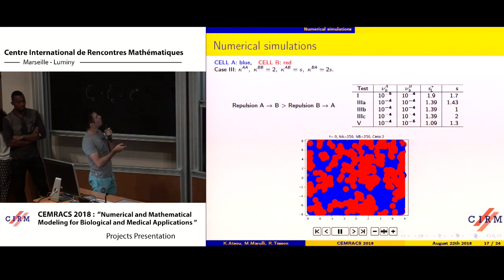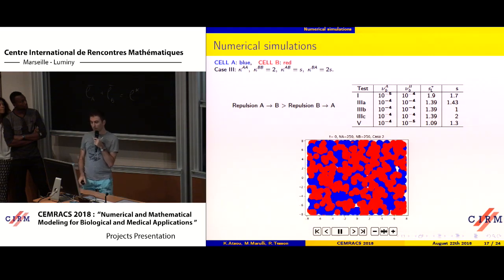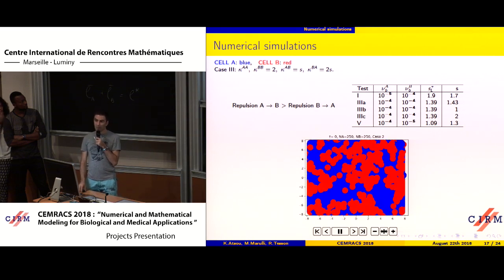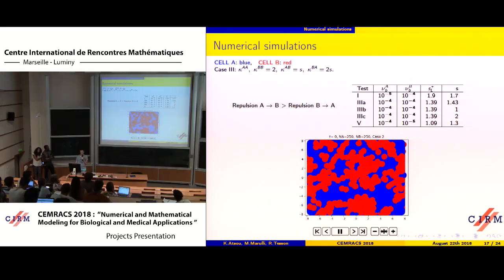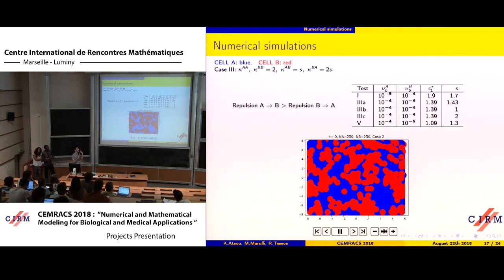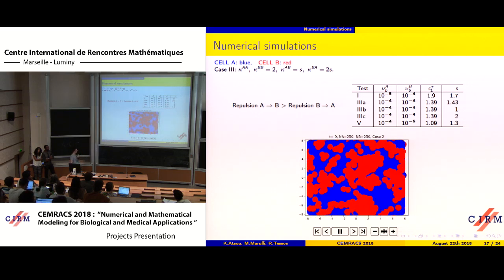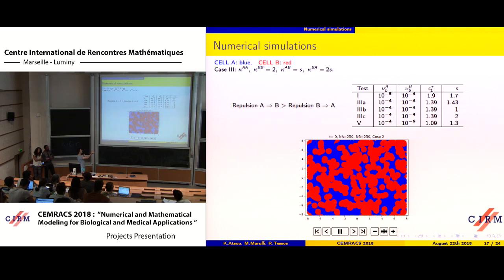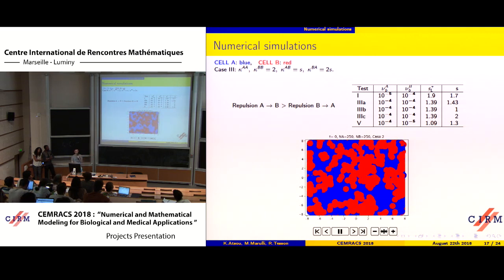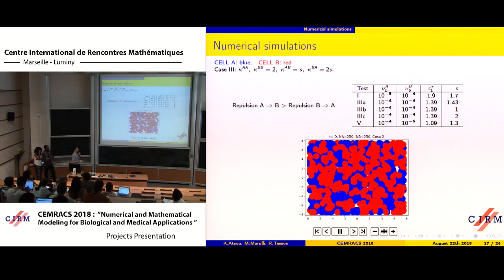So we place ourselves in this case, where the repulsion of A on B is greater than the repulsion of B on A. So the population A pushes the population B more strongly than it pushes itself. With these parameters, we want to study the impact of the logistic growth on the different behaviors at long time.